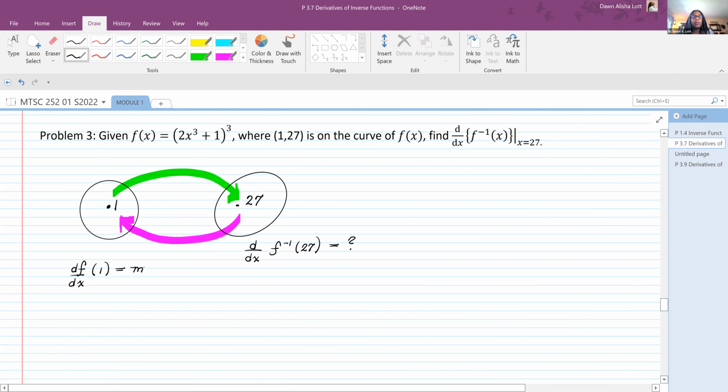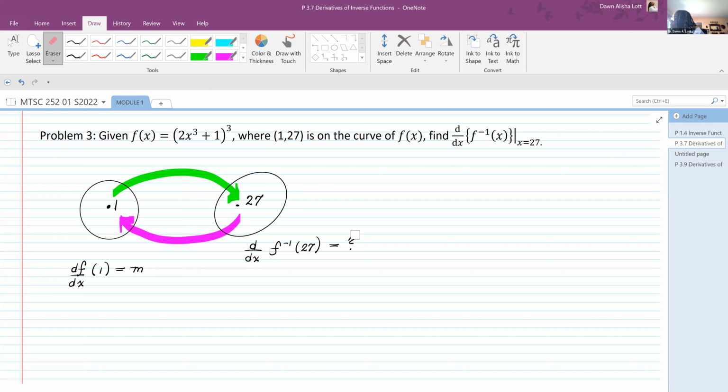All right, so our unknown is the derivative of the inverse function at 27. And we need to find the derivative of the function at 1. And then after we do that, that value is m. And then the answer to this problem is literally just 1 over m.